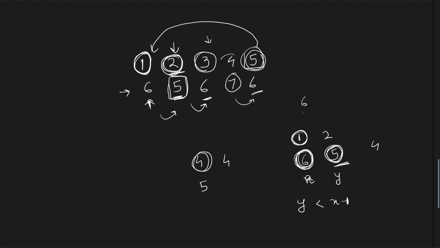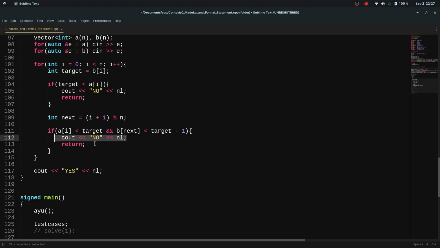Either it should be already 6, then it is fine, but if it is not already 6 and I need to increase it, then I cannot, because this would be at max 4, right? In that case I can at max make it 5, because at this point 5 would be greater than 4, right? So I can never make this first number equal to 6. So in this case I can just print no and return.